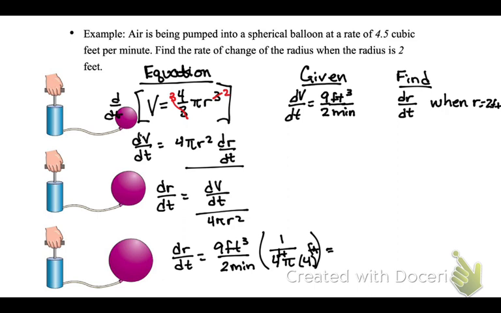Oh, no. It would be foot squared because we squared the r. So it'd be 9 over 32 feet per minute, not second. I always want minute. I mean second.